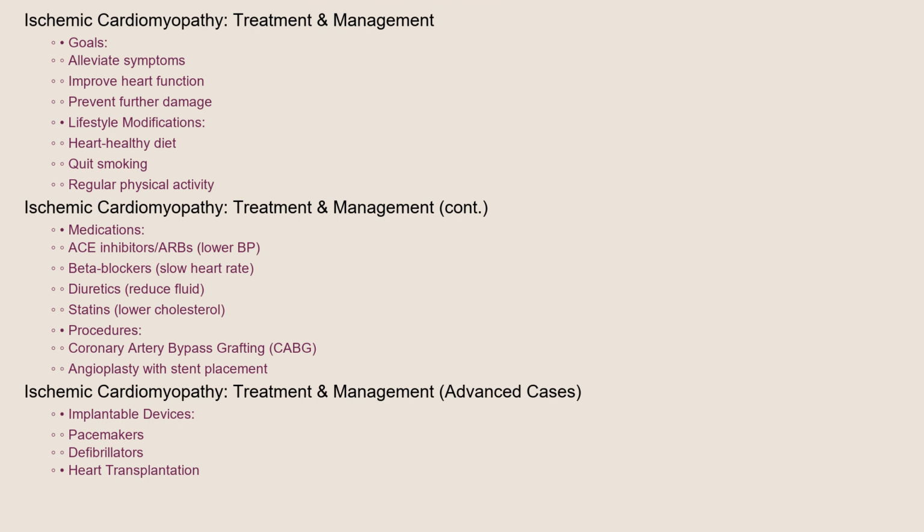In some cases, procedures like coronary artery bypass grafting, or CABG, or angioplasty with stent placement may be necessary to restore blood flow to the heart. For advanced cases, implantable devices like pacemakers or defibrillators, or even heart transplantation, may be considered.